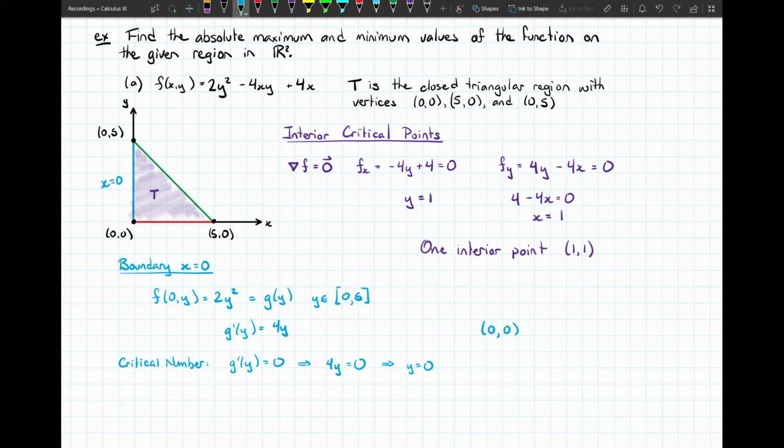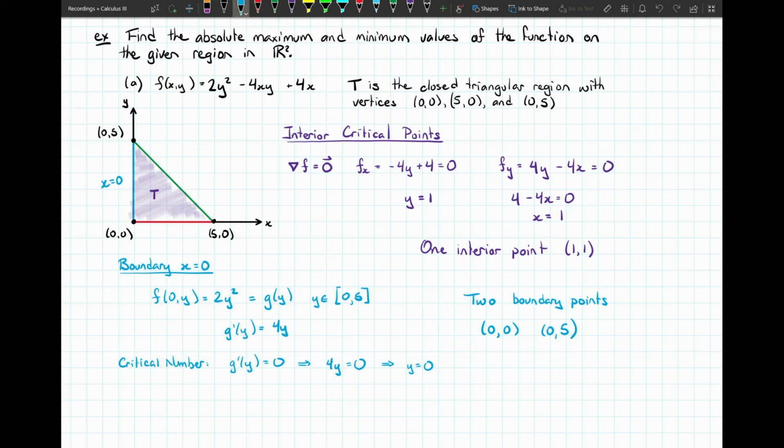This 0, 0 is already one endpoint of that blue line segment. It's one of the vertices of the triangle. But we can't forget that we might end up with a maximum or a minimum value of the function at the other vertex, which is 0, 5. That means that there are two boundary points to consider. And we're up to 3 points in total now where we might get our absolute extreme values.